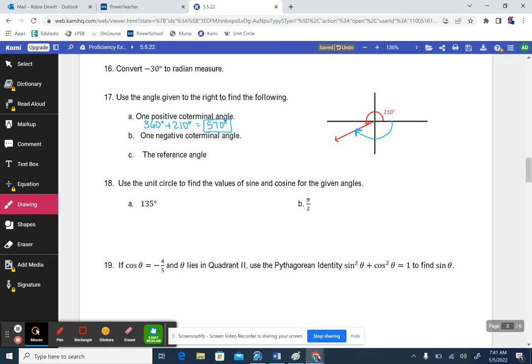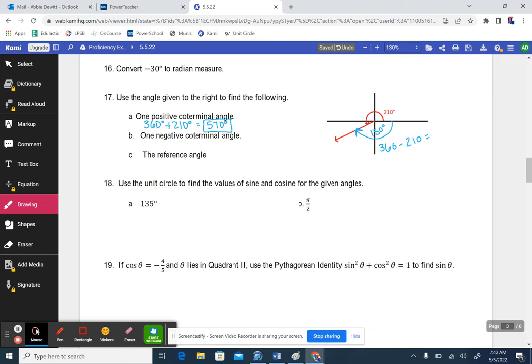Well, the way that my brain works is I know that completely all the way around that entire unit circle is 360. So if I know that that red angle is 210 and completely around is 360, I do 360 minus 210 to get the positive measure of that. And what's 360 minus 210? It's 150. So the angle measurement of this is positive 150.